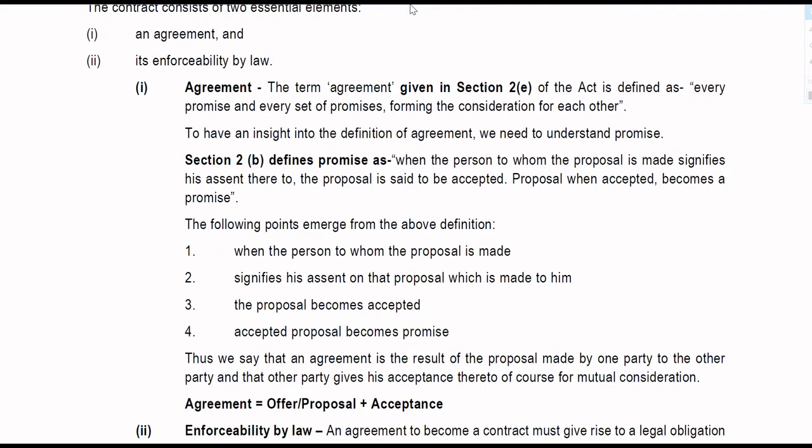We have seen why a contract is necessary for our country. There is a seller and a buyer, so there is a contract between them, and there should be legality between them.